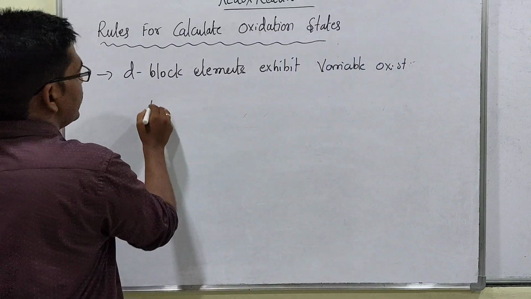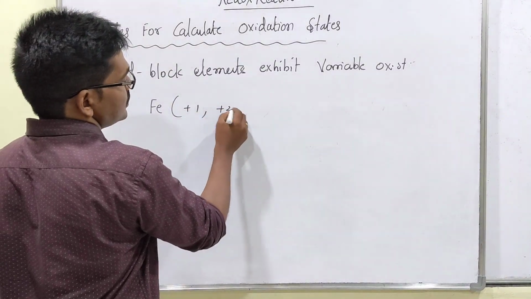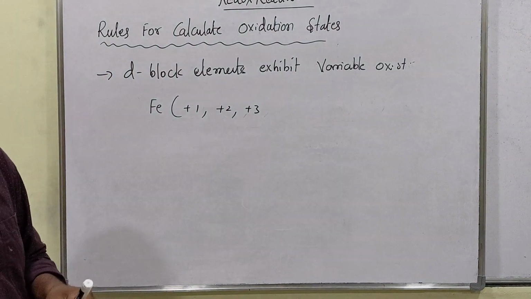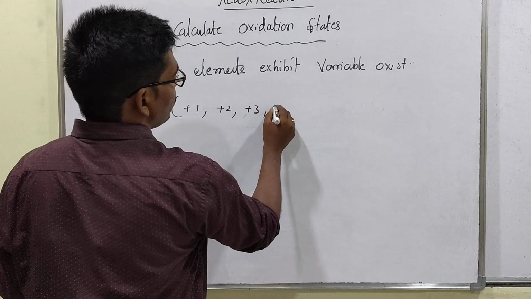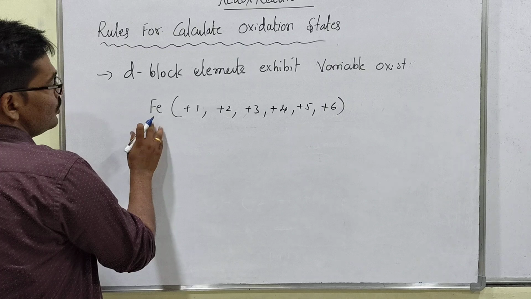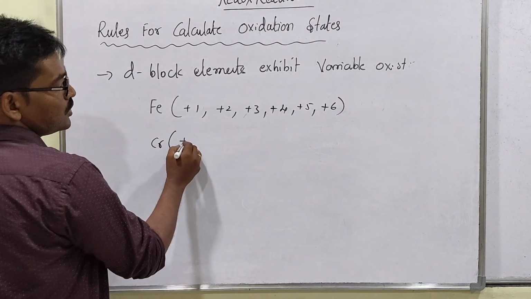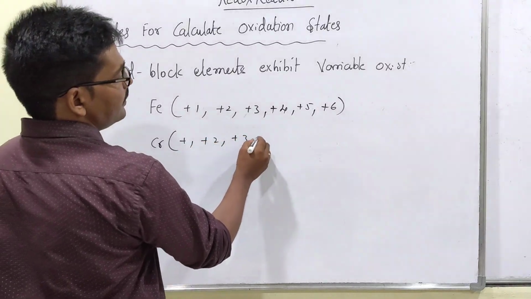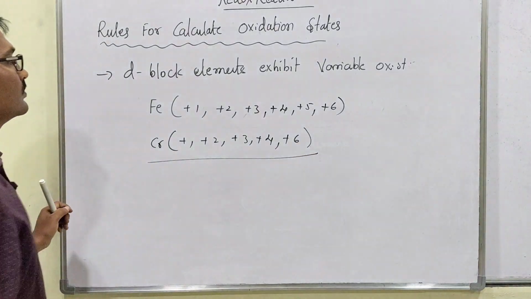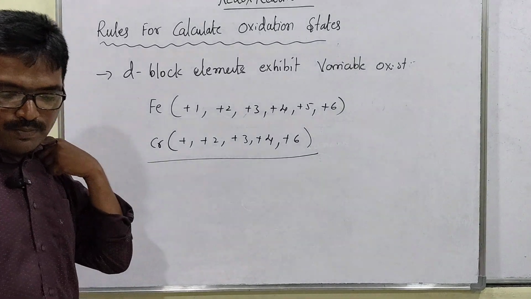For example, iron can exhibit +1, +2, +3, then +4, +5, +6 also. Chromium can exhibit +1, +2, +3, then +4, then +6 also. Manganese can exhibit up to +7.